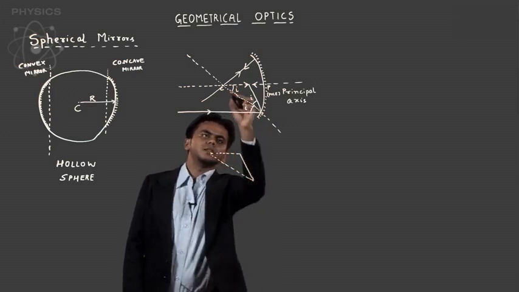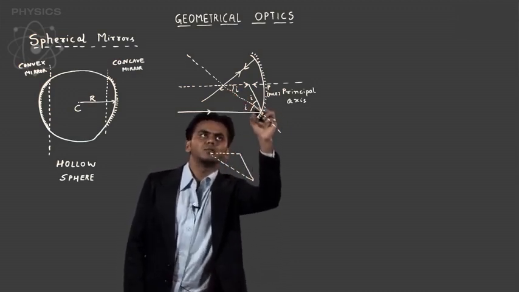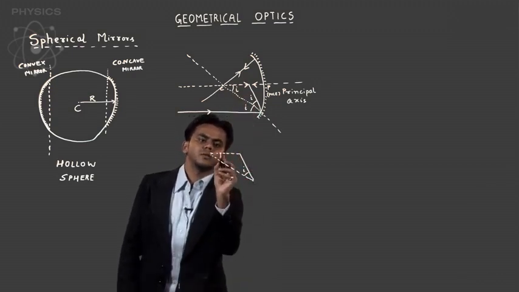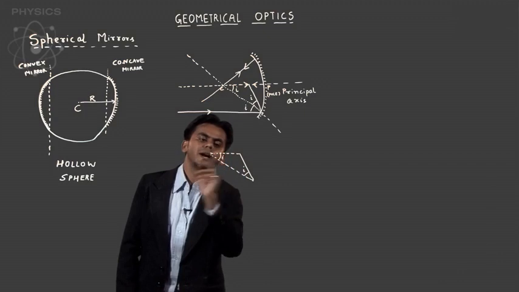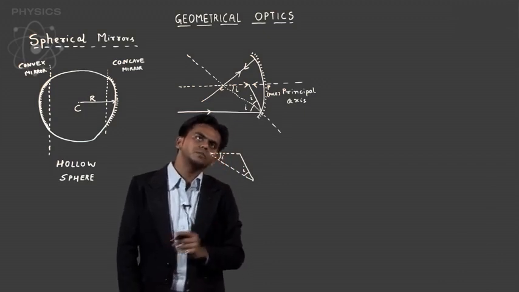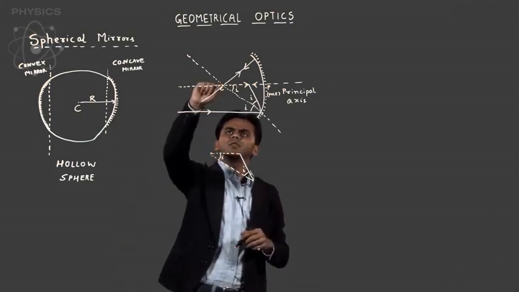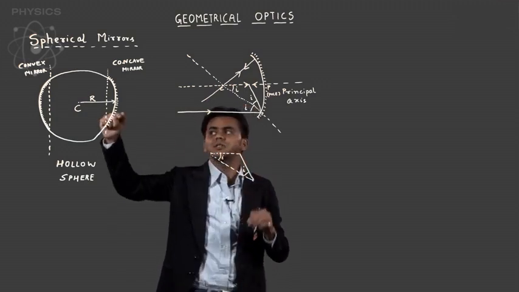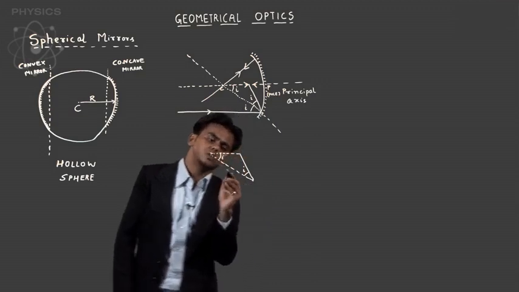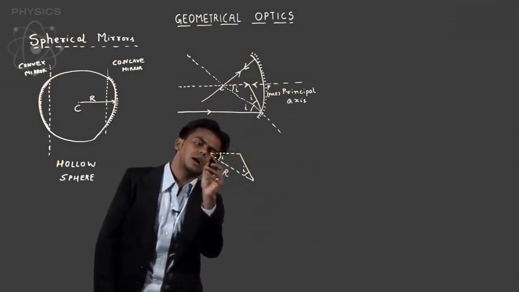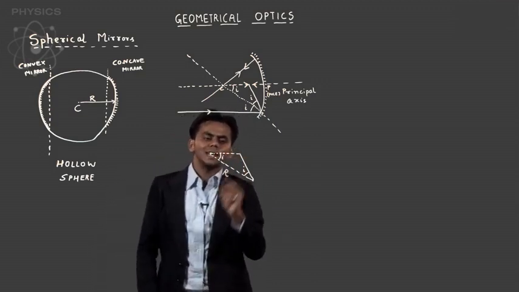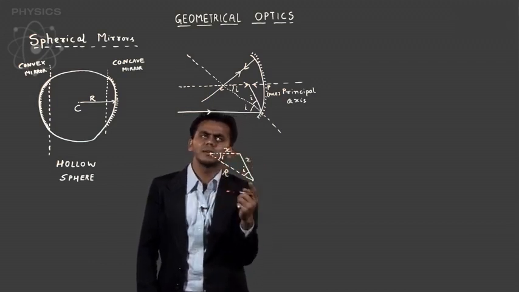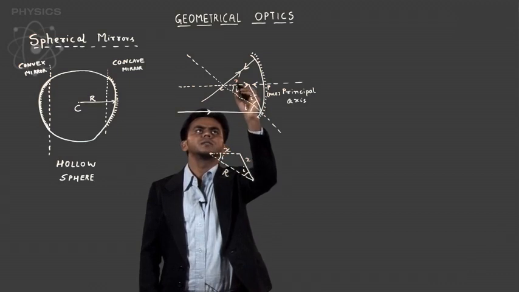This is the ray, or rather the normal at this point. This is your I, and this is your I, right? Now, this is from the center of curvature to a point on the surface of the sphere, essentially, because concave mirror is part of a sphere. So this is your R, right? And let's say this is my x, and this is also x, because this is an isosceles triangle. I have to find out this x, right?